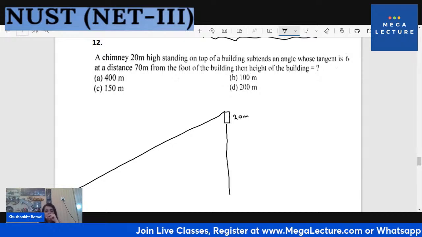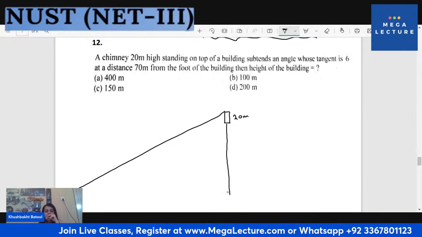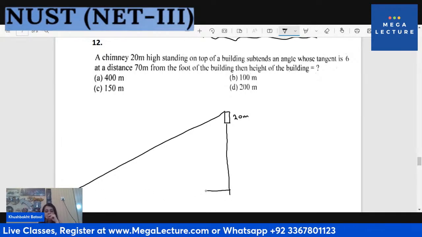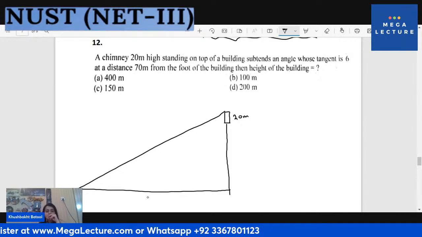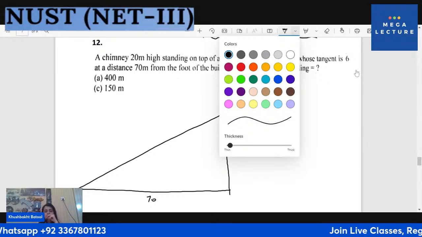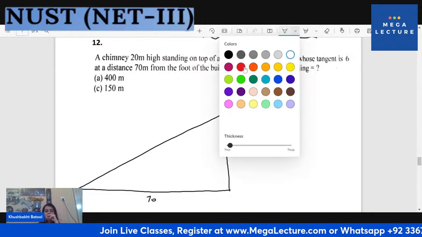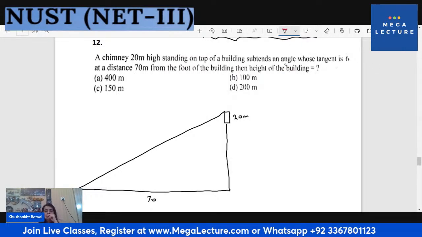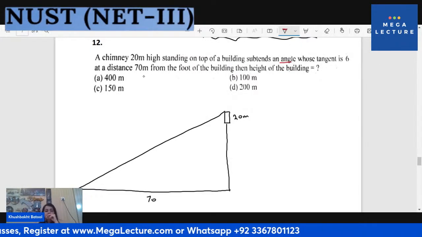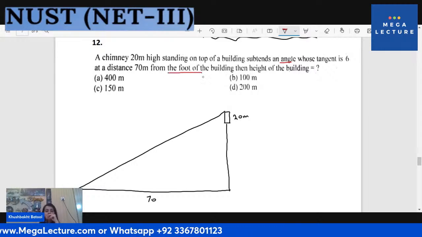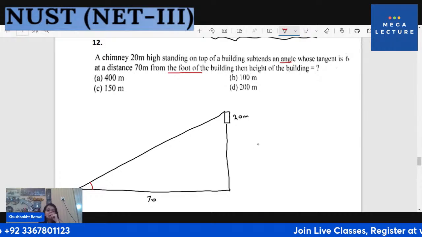Okay, so this is your point of reference, and this is 70 meters, and subtends an angle from the foot of the building. So whatever the angle is, the tangent of that angle is basically 6.